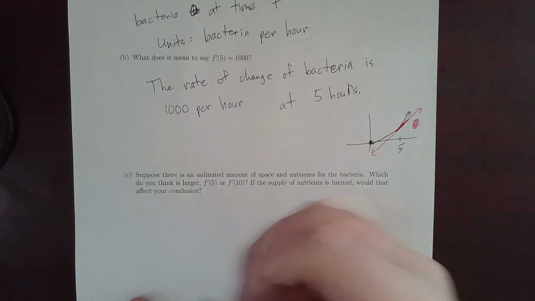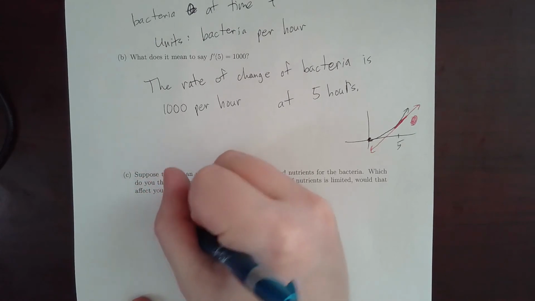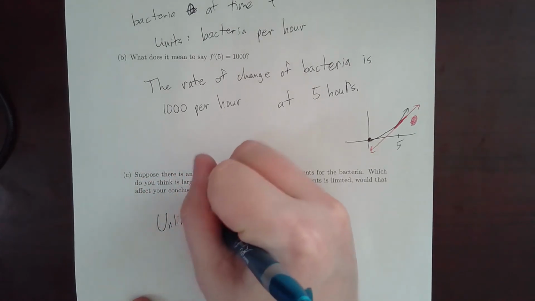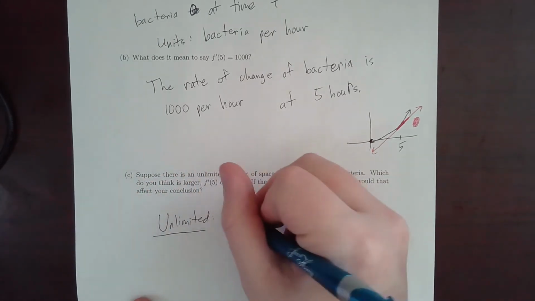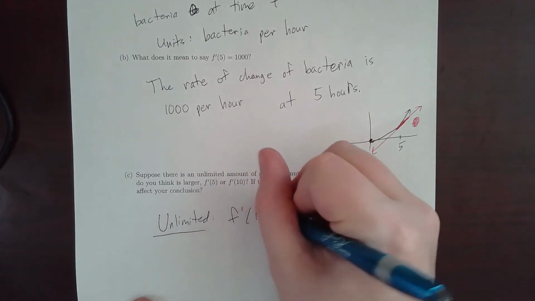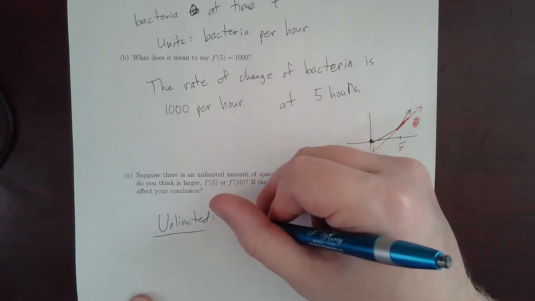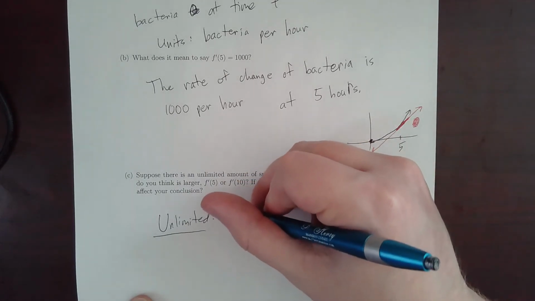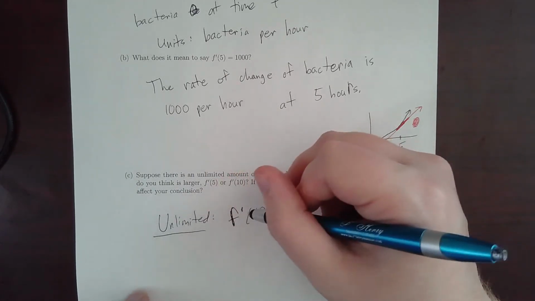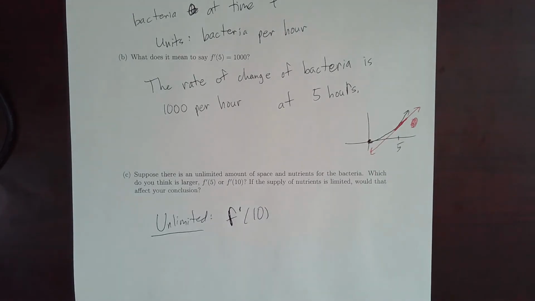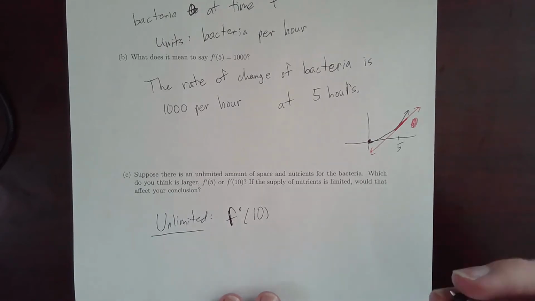If we have unlimited resources, we'd expect f prime of 10 to be greater. The reason is, say each bacterium is multiplying and doesn't have to compete for resources at all, then that means more bacteria would lead to more reproduction.